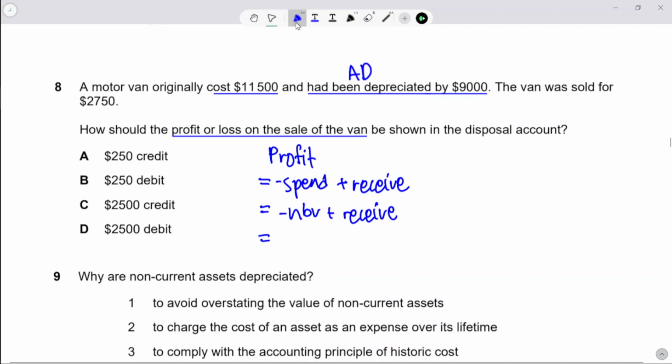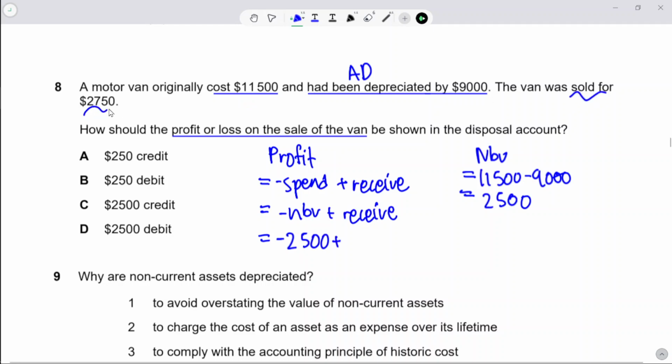So the net book value will equal this, plus this one is sold for this amount, so it's the amount you receive.